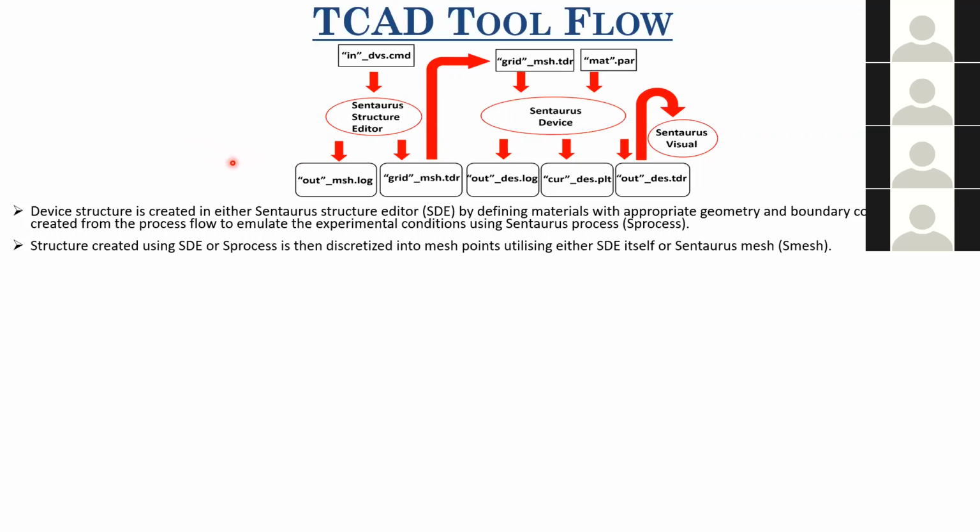Generally, we use a simple structure editor to make these devices. However, you can also use S process. You can do those fabrication steps one by one and then come up with the structure. Once you have come up with the structure, you discretize that structure into different mesh points or nodes where you want these physical equations to be solved.